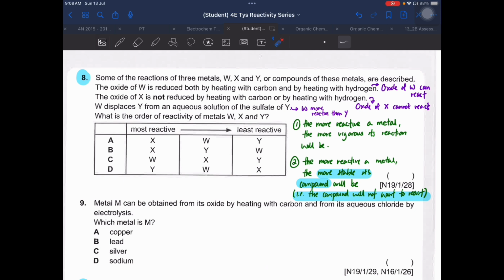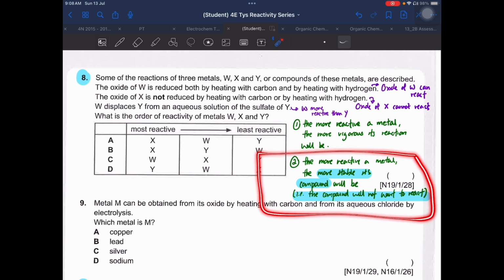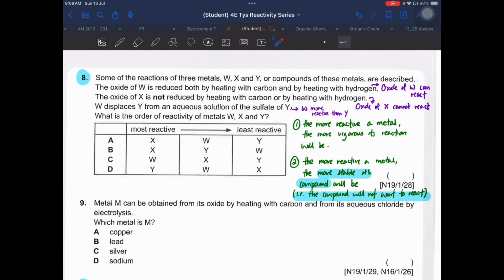Now, students who don't understand about statement 2 over here, what they will go away thinking is that, oh, because X cannot react, that means W is more reactive than X. But this is actually very, very wrong. Because if you look at the statement, they are talking about the oxide of W. They are not talking about W as a chemical being able to react. They are talking about the oxide of X. They are not talking about X as a chemical, whether it can react or not.